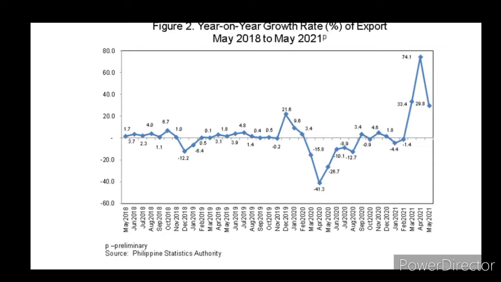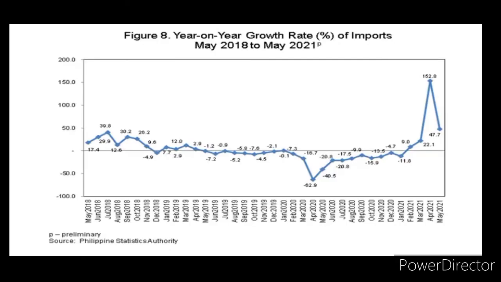In May 2020, total export sales declined at an annual rate of negative 26.77%.